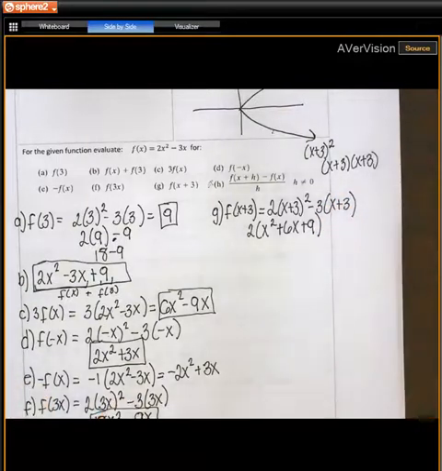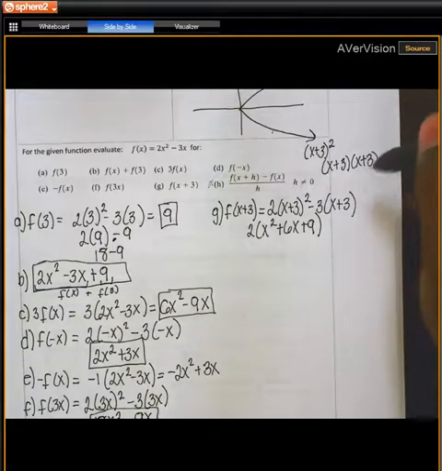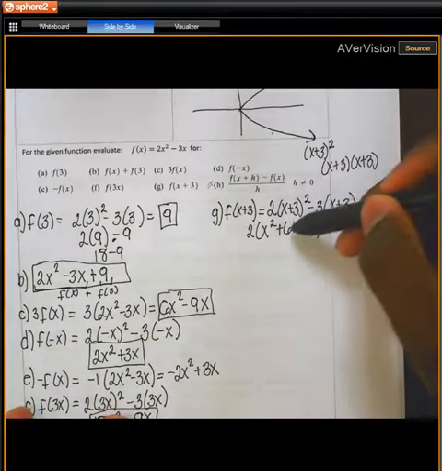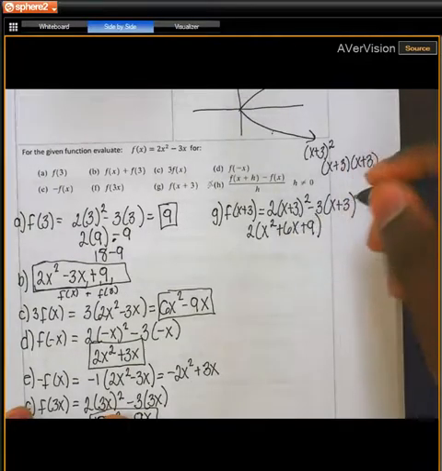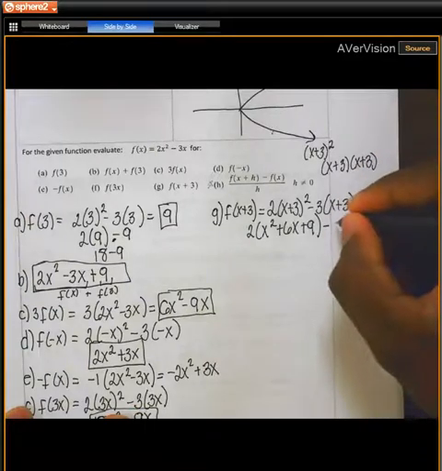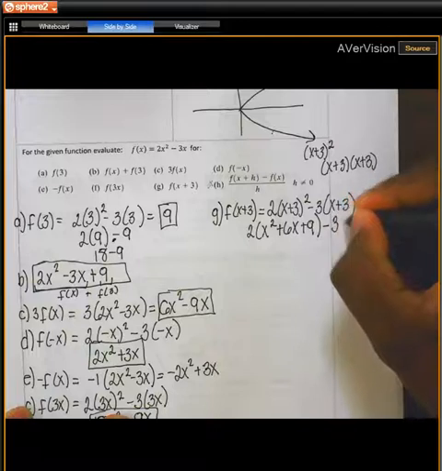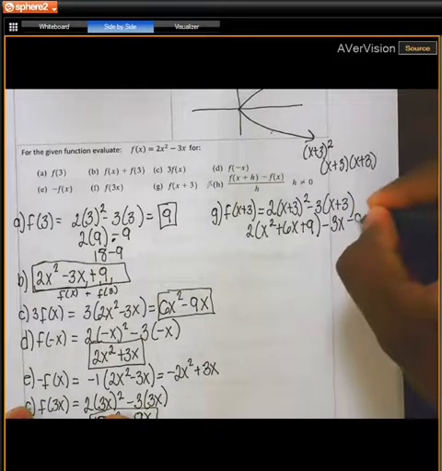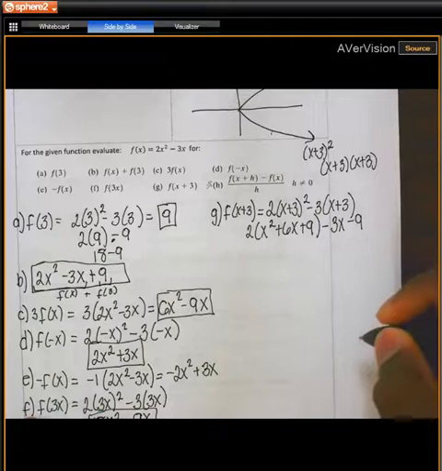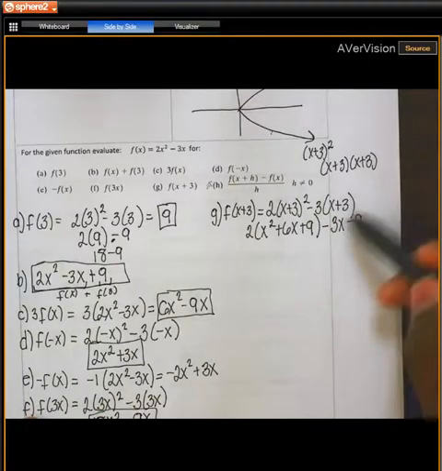So when you distribute and FOIL, you get x squared plus 3x plus 3x plus 9, which combines to x squared plus 6x plus 9. Any questions on that part? Are we good?